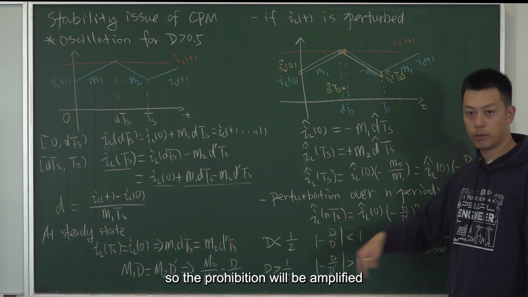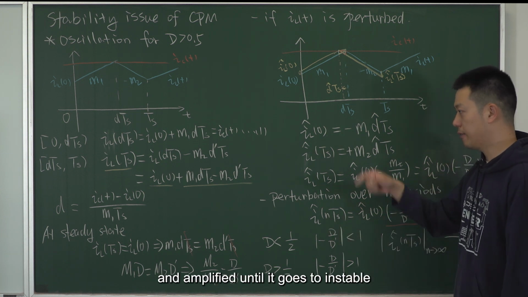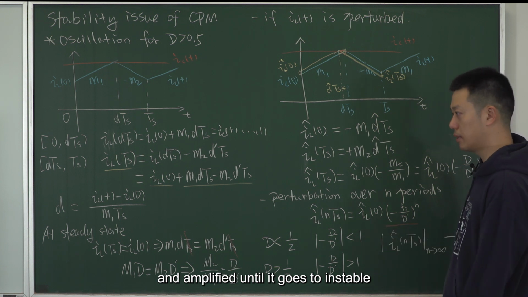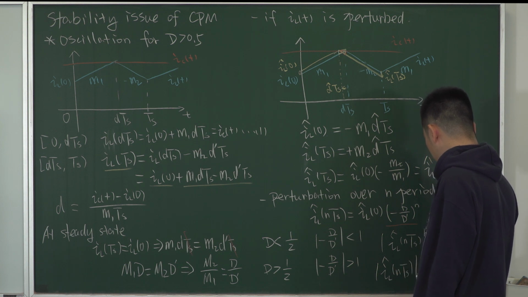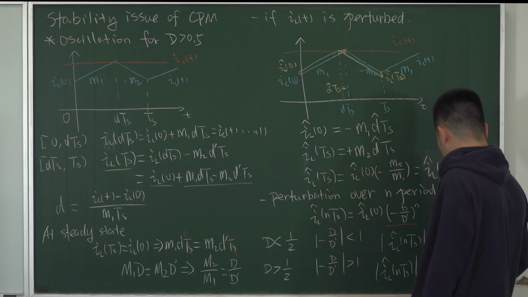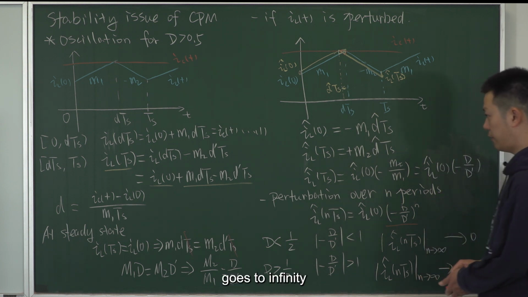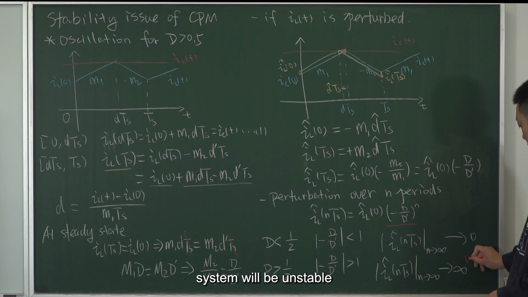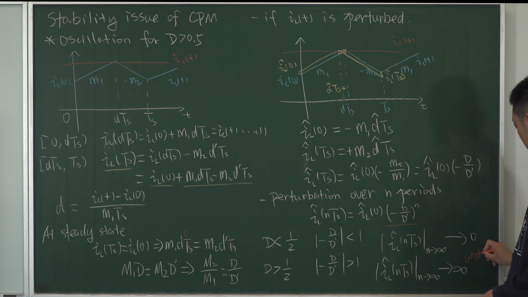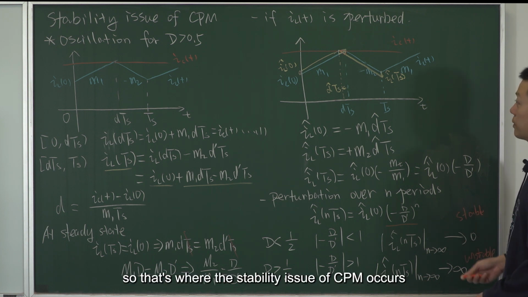So the perturbation will be amplified and amplified until it goes unstable, so that it goes to infinity. This means the system will be unstable. But for the other case, it is stable. So that's where the stability issue of CPM occurs.